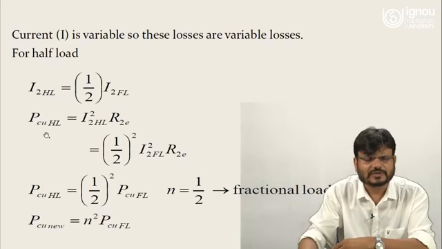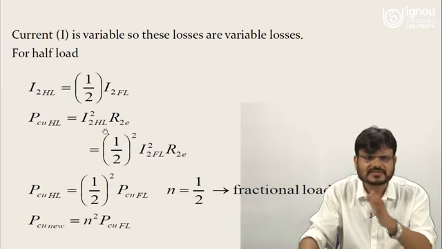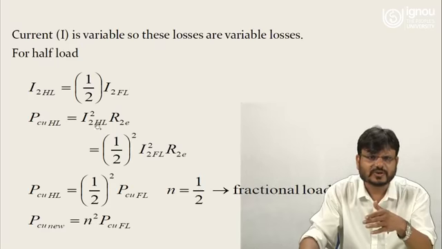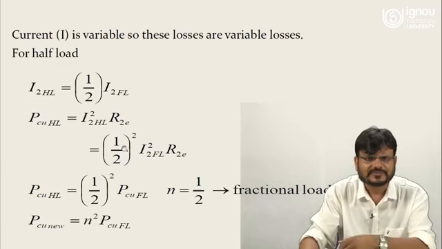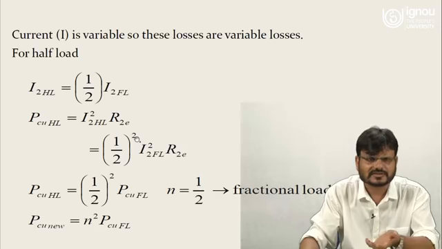Now to calculate the copper losses at half load, you can write I2HL square R2E, where I2HL is the current at half full load. The value of this current is 1 by 2 times the full load current, so put I2HL equal to 1 by 2 I2FL. The square of 1 by 2 is 1 by 4, so it becomes 1 by 4 times I2FL square R2E.